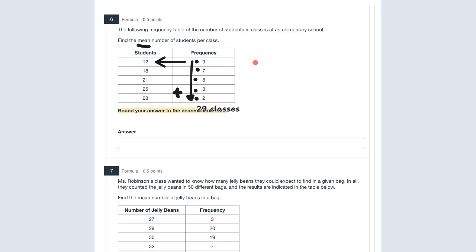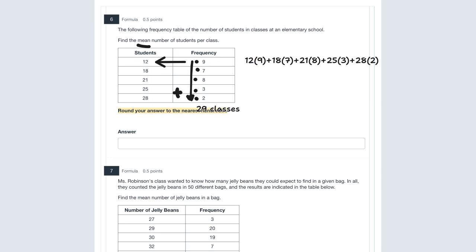So this is going to be 12 times 9 plus 18 times 7 plus 21 students. That happened 8 times, plus 25 students. That happened 3 times. And then there were 2 really big classes of 28, so 28 times 2.